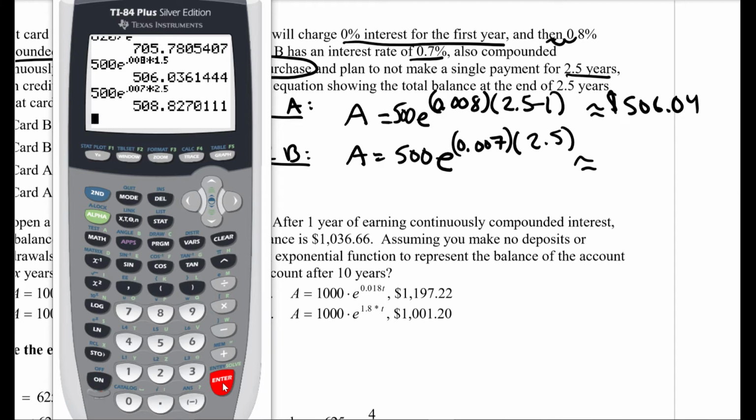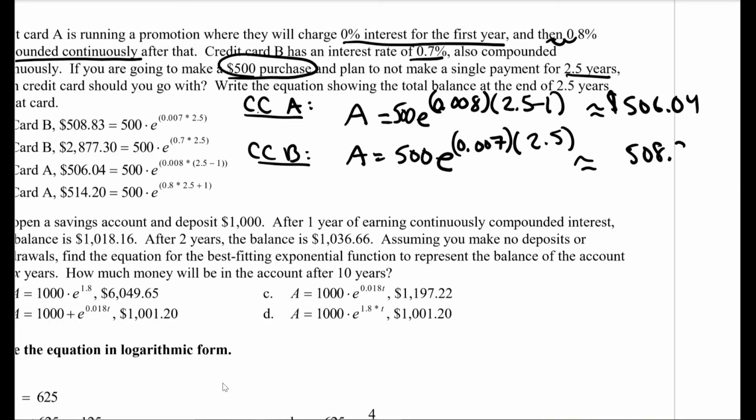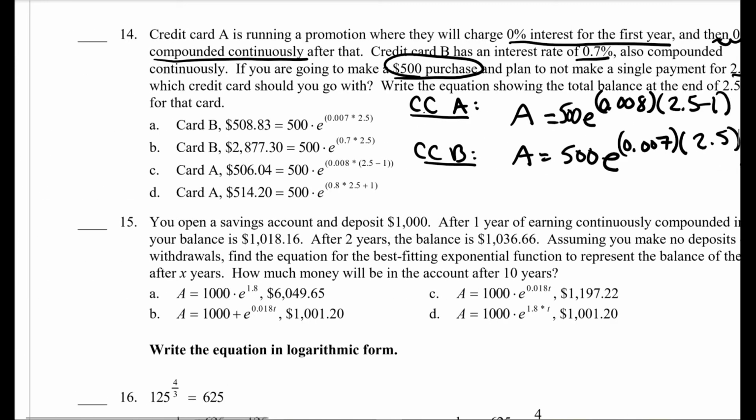So now we have $508.83. All right, so you can see that even though credit card B has less of an interest rate, you're still going to pay more because credit card A had that one promotion. It's not by much, but it's still a little bit better. So therefore, the best deal is the $506, which is credit card A.